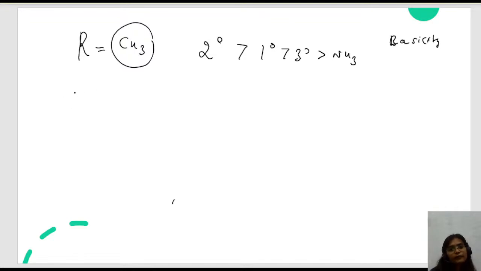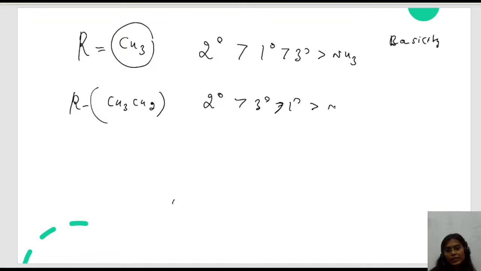If R becomes CH3CH2, the ethyl group, see the change in the order. It is secondary, followed by tertiary, then primary, and then ammonia. Now, if my R becomes CH3CH2CH2, as the size starts increasing, tertiary is again like, I'm the winner.